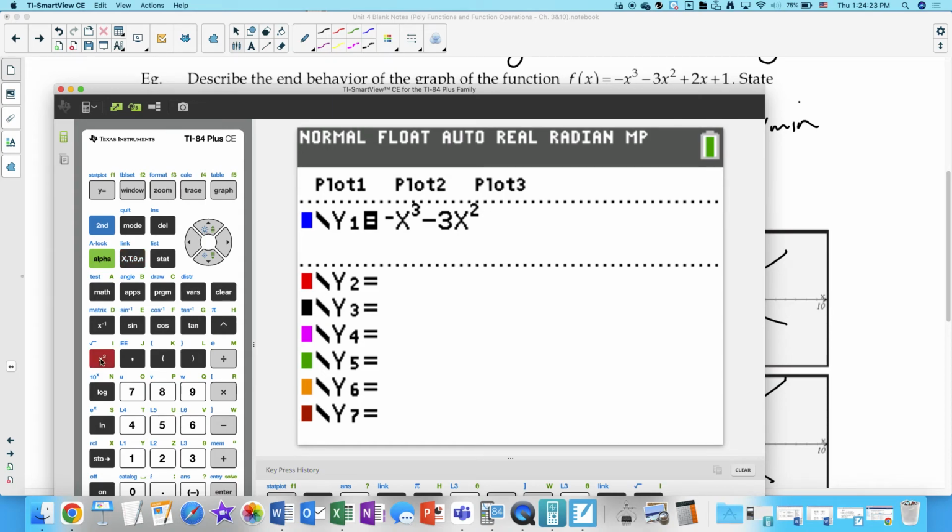I can't even type everything from my computer, because if I type an x on my computer, it shows up as the alpha x, not the variable x. So I can type signs and numbers, and that's about it. And then plus 2x plus 1. Okay, so there we go.